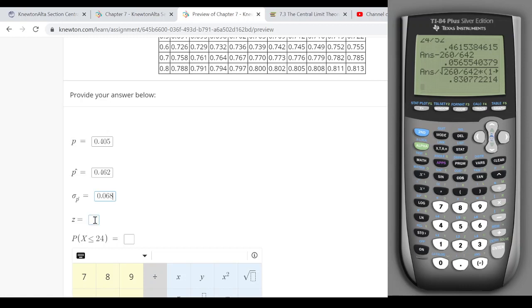The z-score, all right, you know what? Let me see if I get the same value here using these numbers. So the z-score would be, you take your p hat, the proportion 0.462, subtract the mean, which would be that p, 0.405, and then divide by the standard deviation, using the number I have there, 0.068.